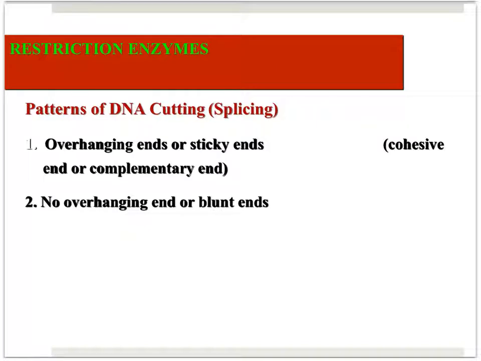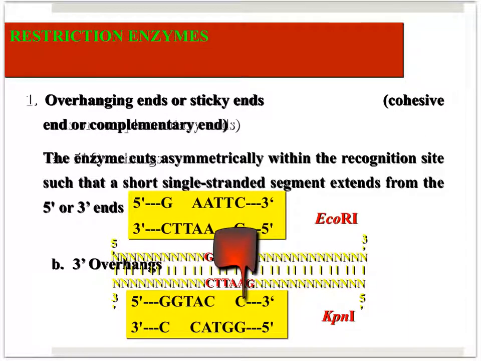So typically, there are two different types of cutting they use. One is with overhang, also called sticky ends. That's the most common one. And some of them with blunt ends. We'll look at that as well. So if you look at, again, no animation here, the GAATTC of EcoR1.